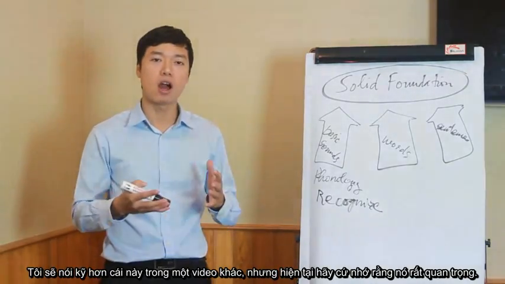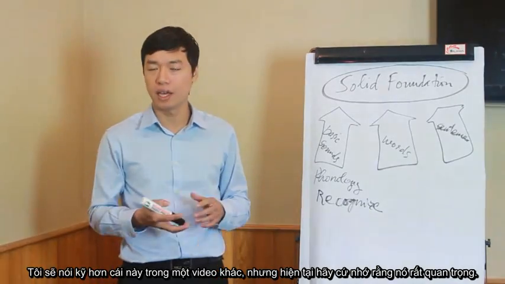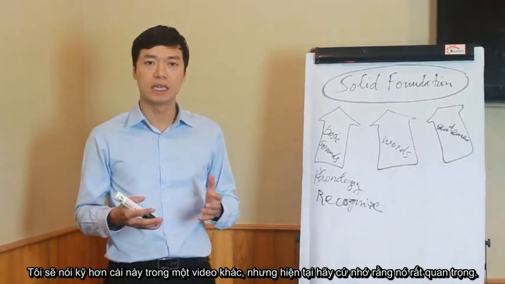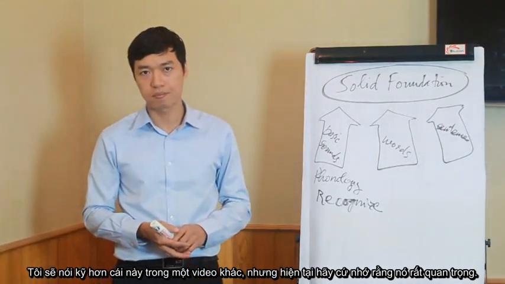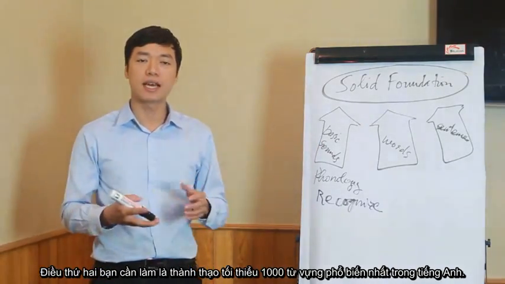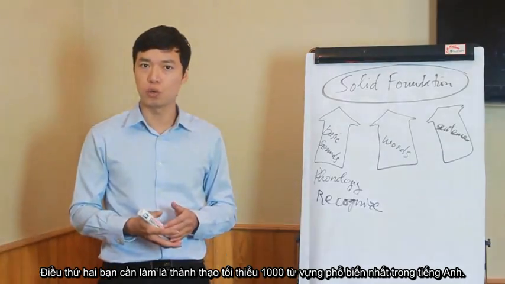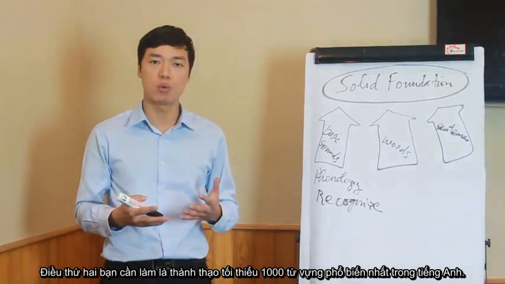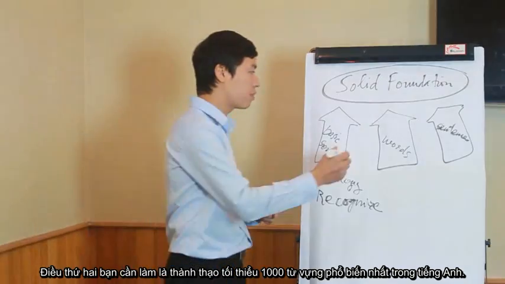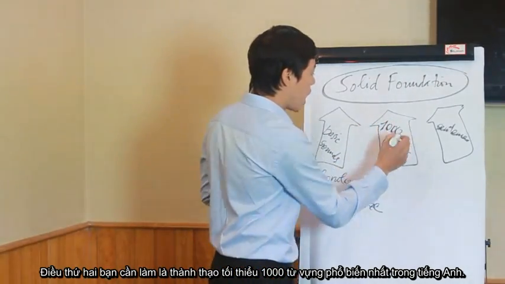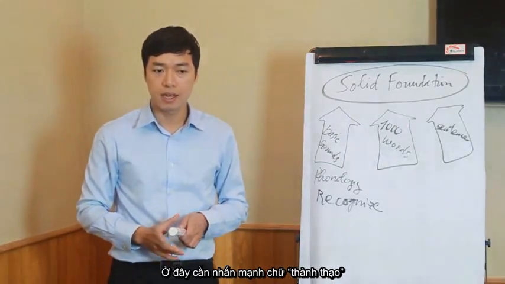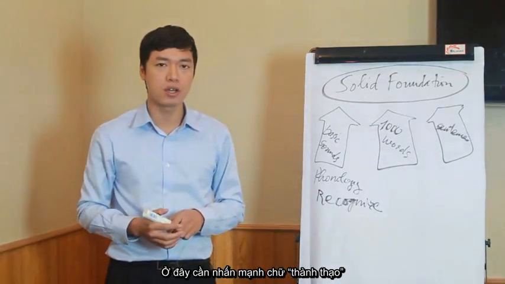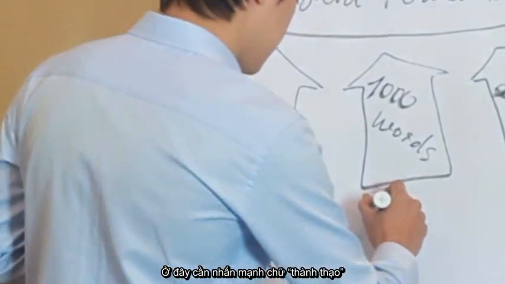So I'm going to talk about it later, but for now, just keep in mind that this one is really important. And the second thing you need to do is to be proficient with at least 1,000 most commonly used words in English. And I want to emphasize the word proficient.